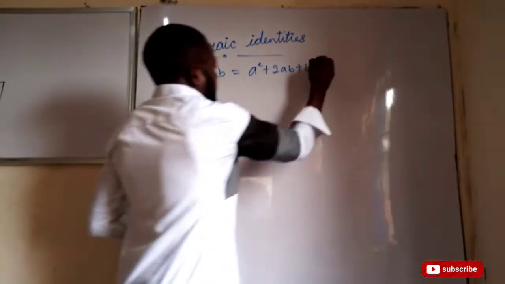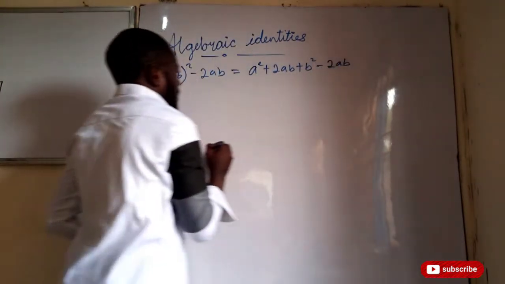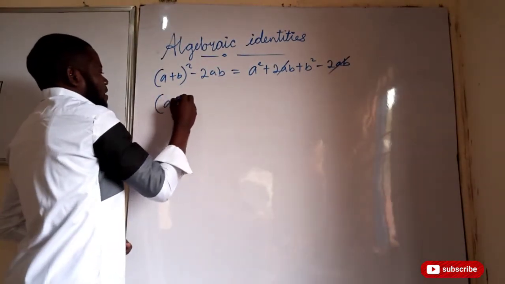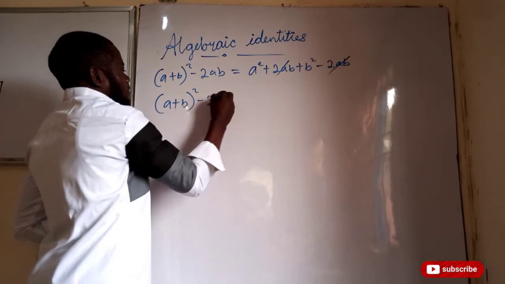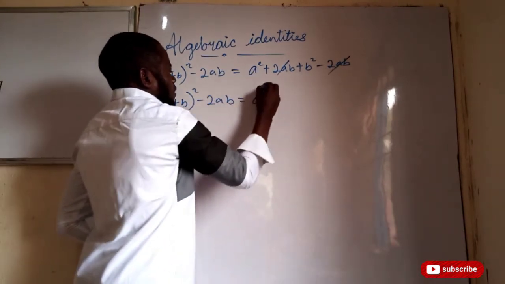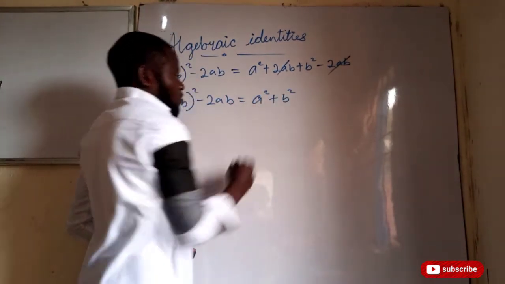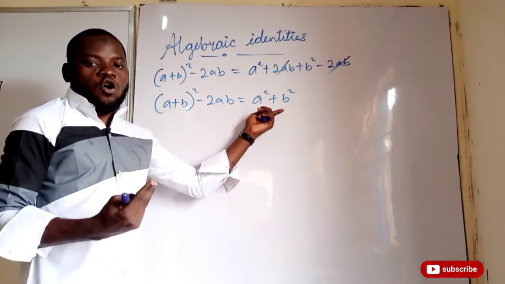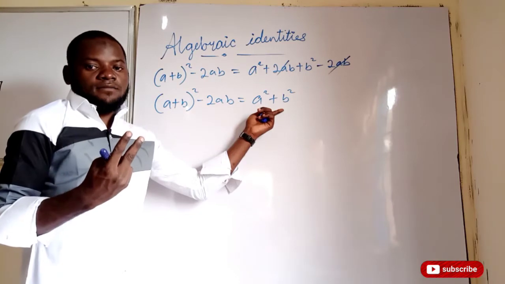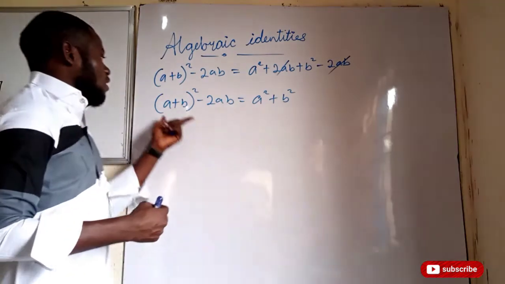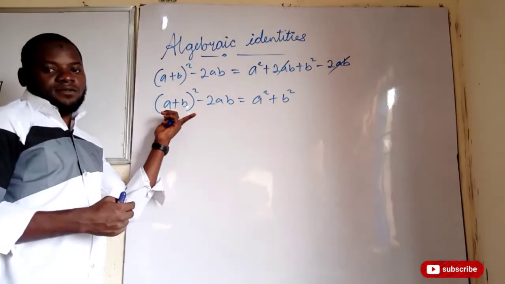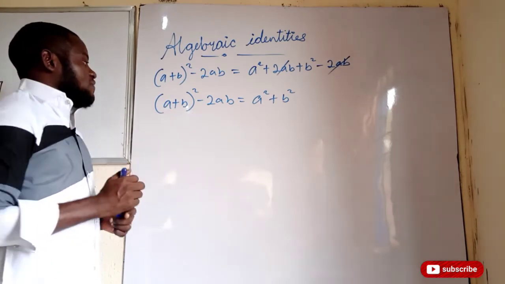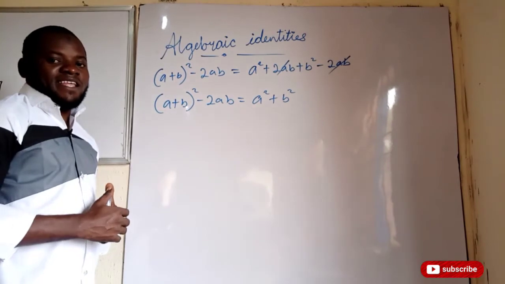So this will become minus 2ab. Hence, this and this can cancel. So I have that (a + b)² − 2ab = a² + b². Hence, this expression here is called sum of two square. So sum of two square will give us this result. Do we understand this? Okay, if that should be the case, let's look at the next identity.